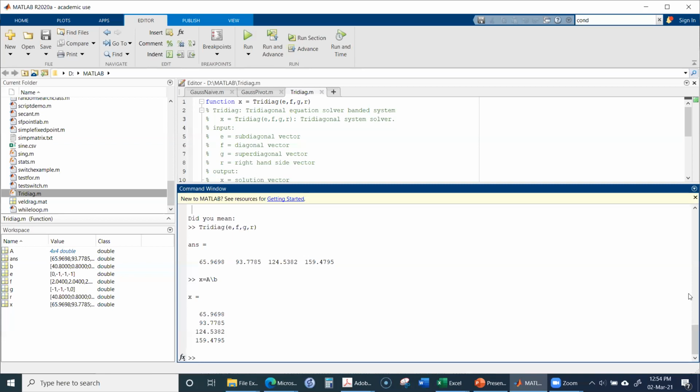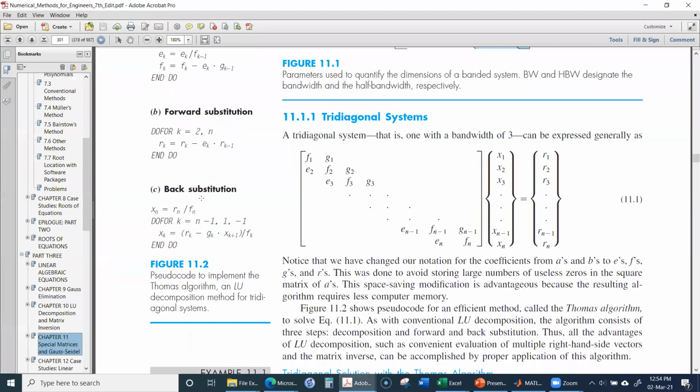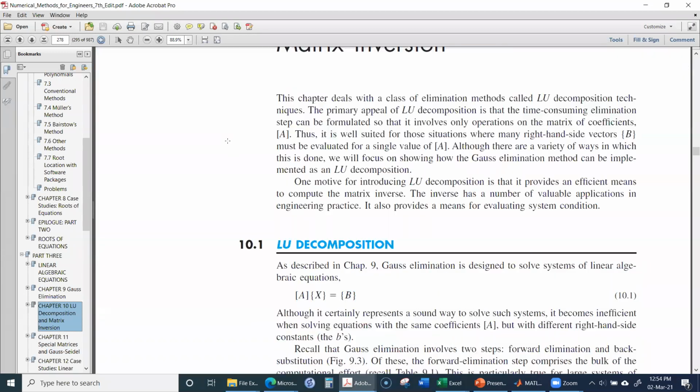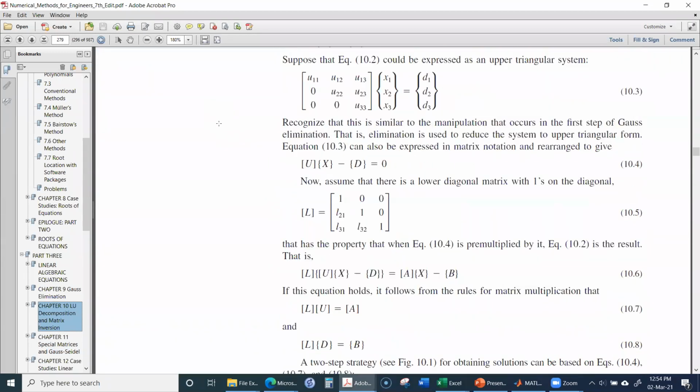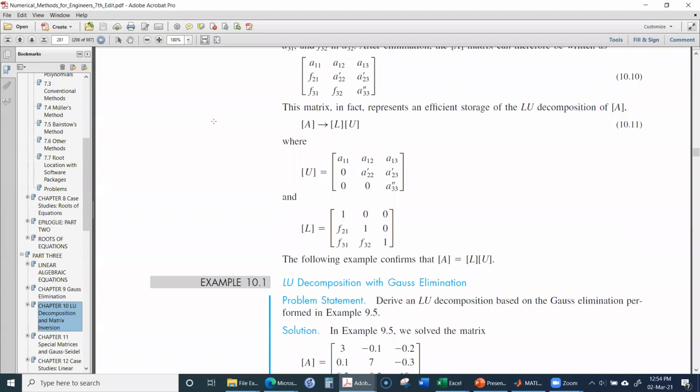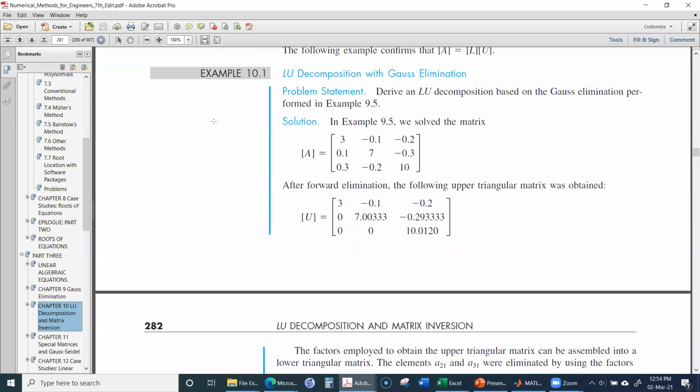Let me show you over here. The LU decomposition chapter is here. You can take it with the help of the example.